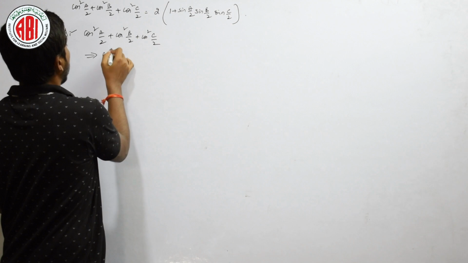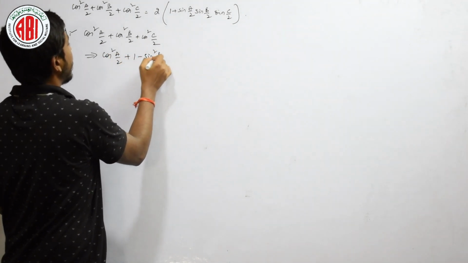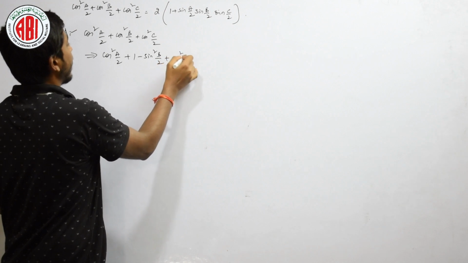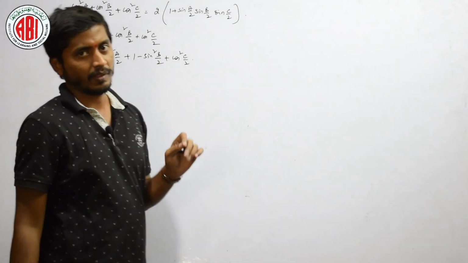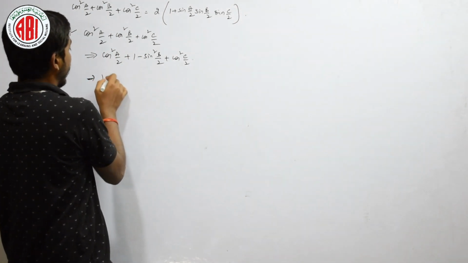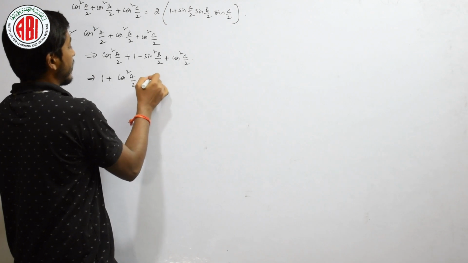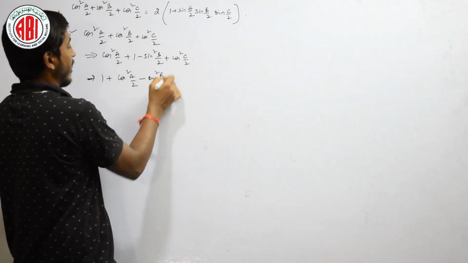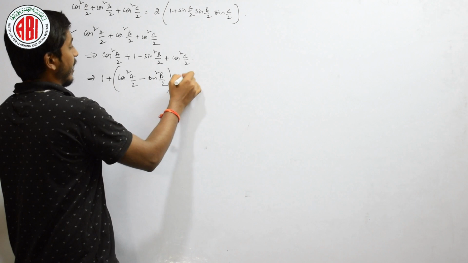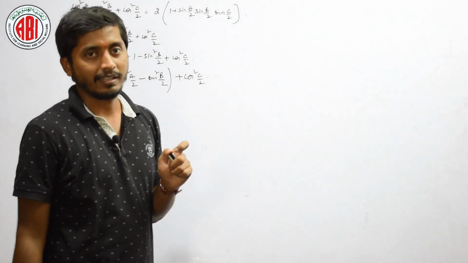We will do as 1 minus sin square b by 2 plus, again this is common. Okay. Let us take this one aside. Let us write cos square a by 2 minus sin square b by 2 in one bracket, and let us write this aside. Can we write it?